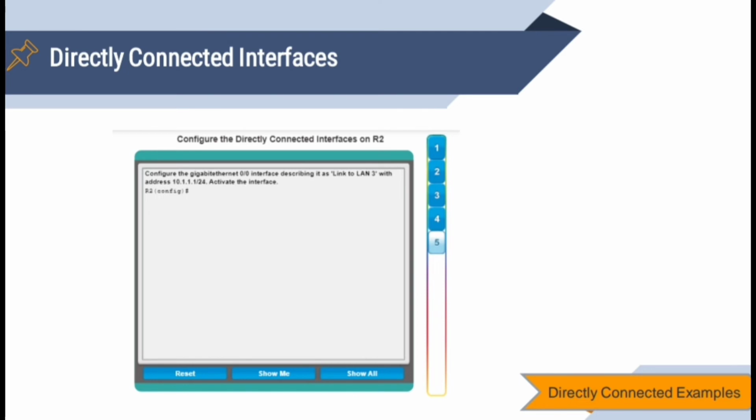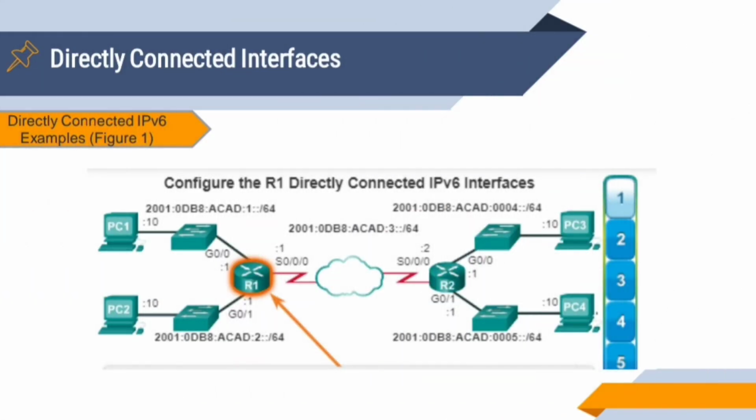We're now down to the last subtopic under directly connected interfaces, which is directly connected IPv6 examples. The example in Figure 1 shows the configuration steps for directly connected interfaces of R1 with the indicated IPv6 addresses.